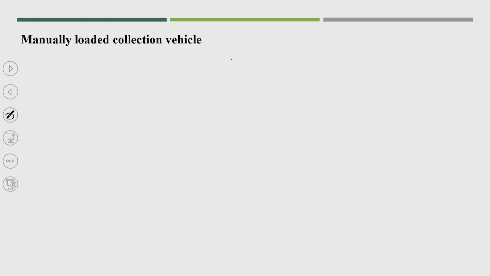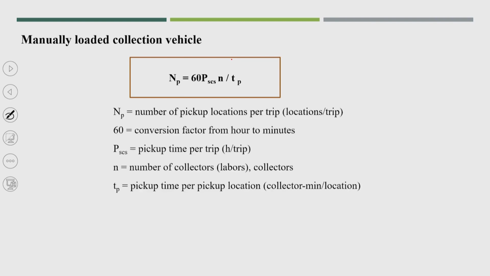And now, here are a few equations for a manually loaded collection vehicle. NP we can calculate by 60 into PSCS N divided by TP, which is also a simple expression for the NP value, where the number of pickup locations we can finalize by the pickup time multiplied by the number of collectors, or how many laborers are working.